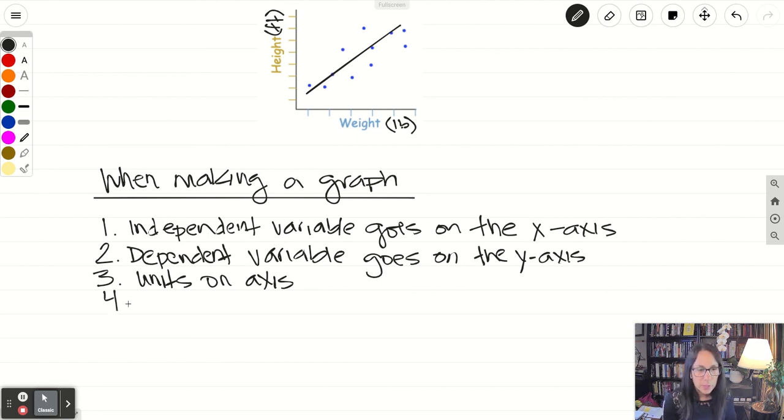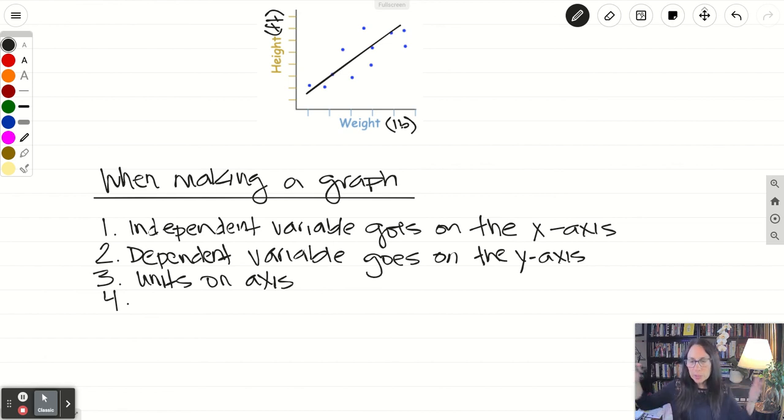Another thing when you're making a graph is you have to determine the proportions of each unit. You don't always want each group to be just one unit, because if this is like 100 pounds, you would have to put 100 marks. That's too much. So you have to think about making the graph proportional.